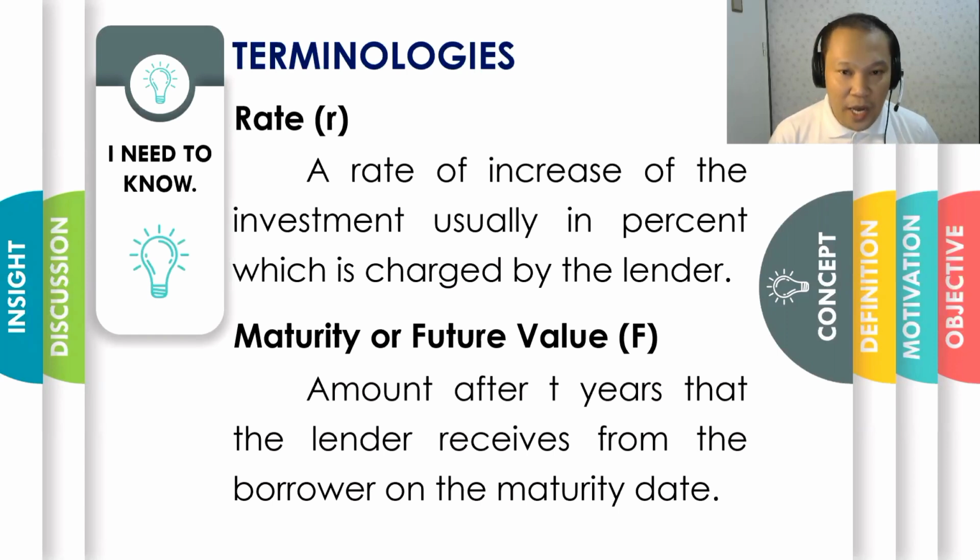At ito rin naman yung amount na isasauli ng nanghiram. On the other hand, kung ikaw yung nag-invest, this is the amount that you are going to receive after 3 years, after a certain time. Okay? Yan, that's what we call maturity or future value.